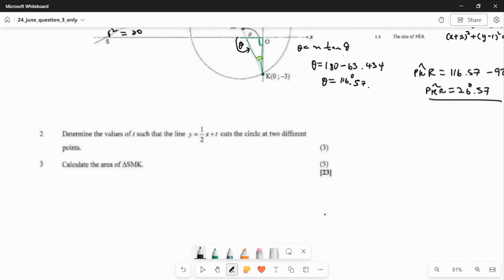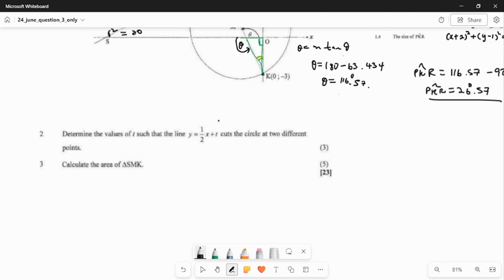Now coming to question number 2. Determine the values of t such that the line y = half x + t cuts the circle at 2 different points. So we are given a general straight line graph.